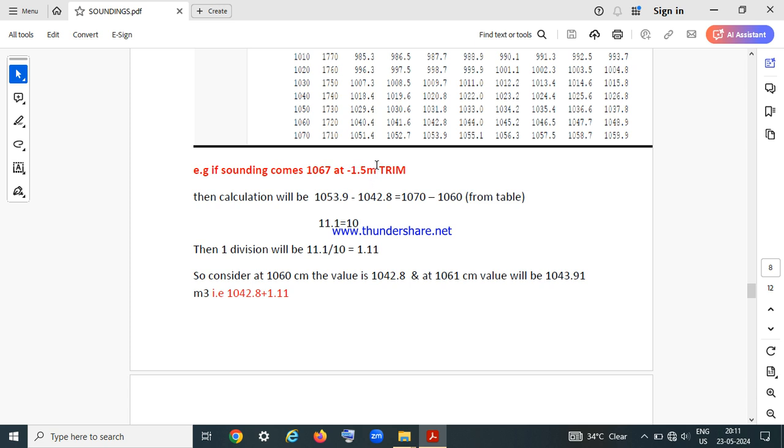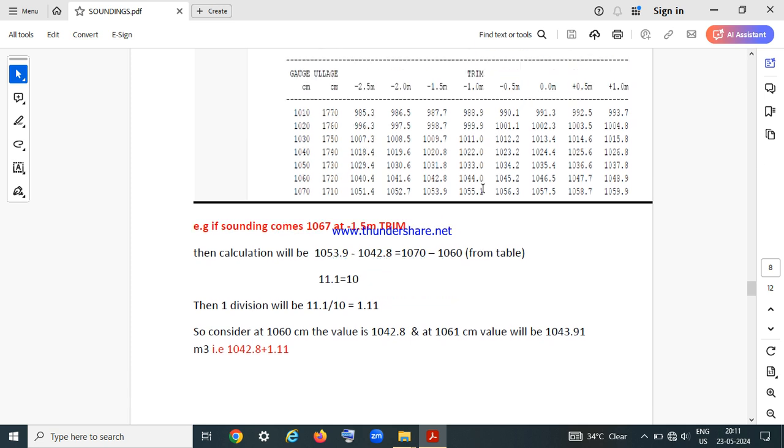This comes after the calculation from the forward and aft draft. So at minus 1.5 trim, 1067 is our sounding. Here you have to look at minus 1.5 trim and 1067, but you cannot see 1067 here. So what will you do?